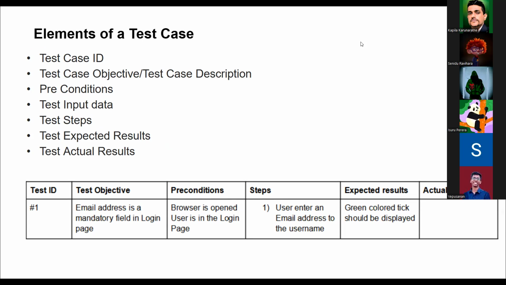The actual result is also another column that we will only measure when doing the execution. So it will only happen at the execution level. I will explain that a little later. Basically, this is a basic template you will have to use if you are writing test cases. Right?